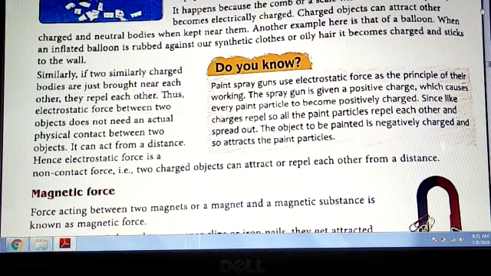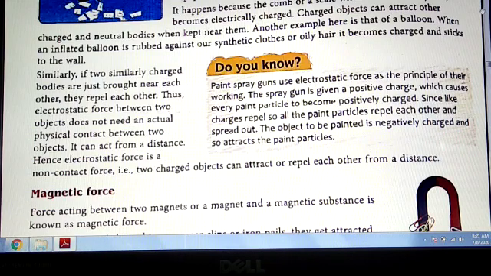Like charges means similar charges, like positive positive or negative negative. So when the charges are the same, they repel. Repel means they move away from each other. And if the charges are unlike, positive and negative, then they will attract. We will study this in detail. So electrostatic force is an example of non-contact force.